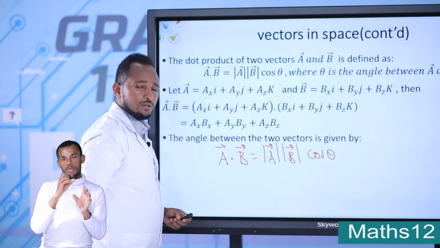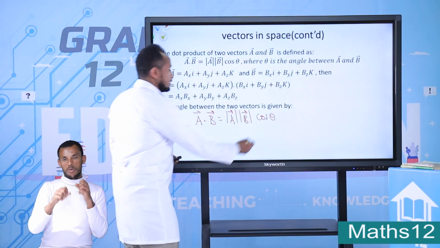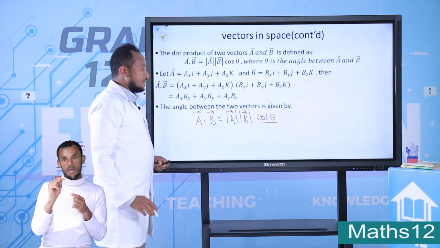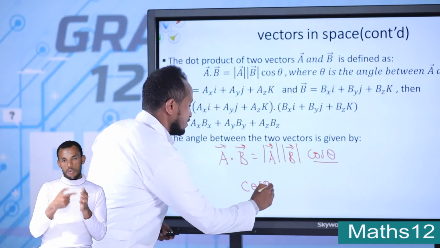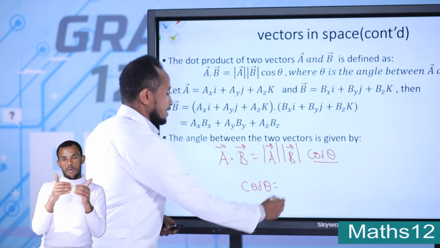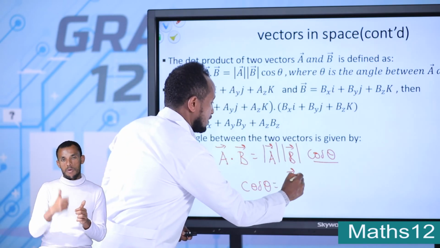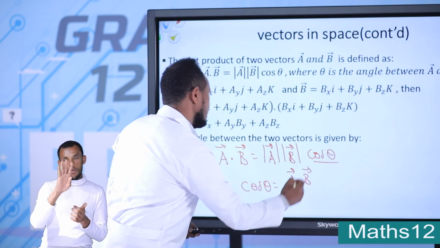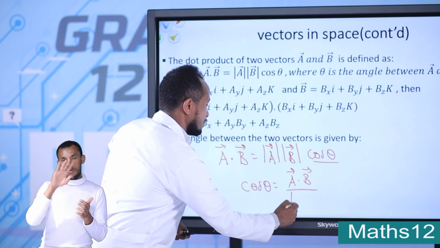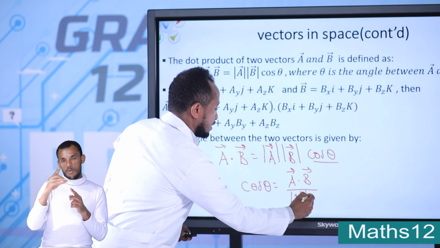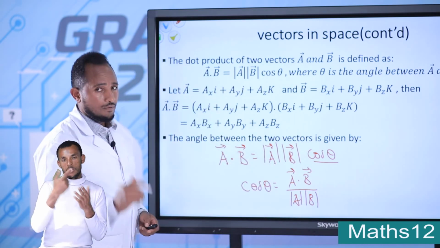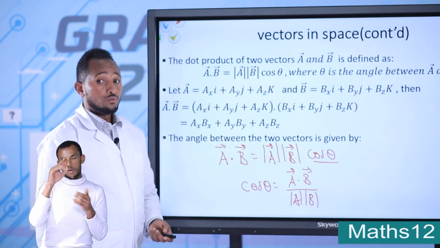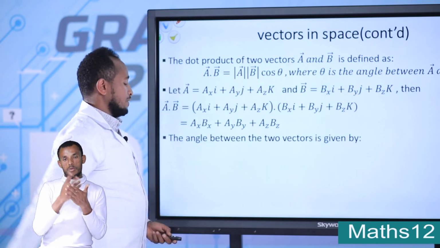You know this. So to find the angle, cosine of theta will be equal to A dot B over the magnitude of A times the magnitude of B. So using this equation, you can find the angle between the two vectors.